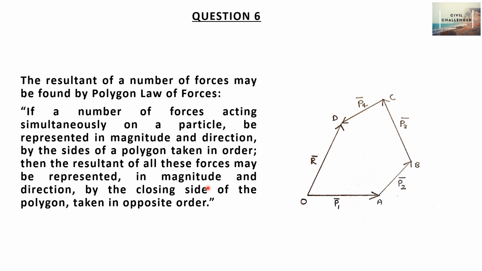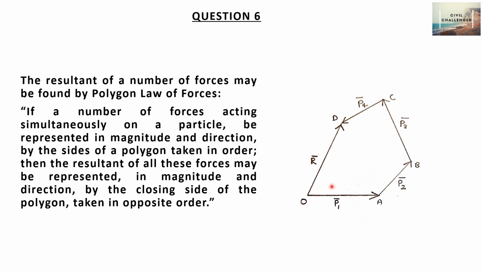So Polygon law of forces is an extension of triangle law of forces. It states that if a number of forces acting simultaneously on a particle be represented in magnitude and direction by the sides of a polygon taken in order, then the resultant of all these forces may be represented in magnitude and direction by the closing side of the polygon taken in order. This law is used if you have a number of forces acting on a particle.